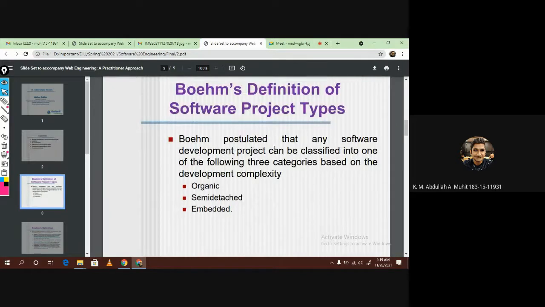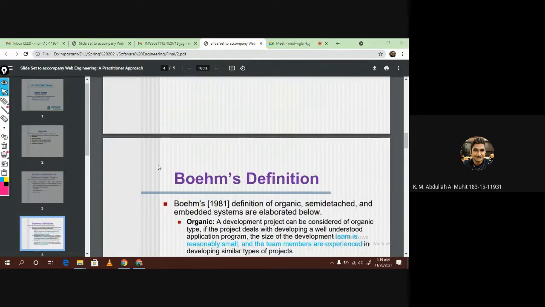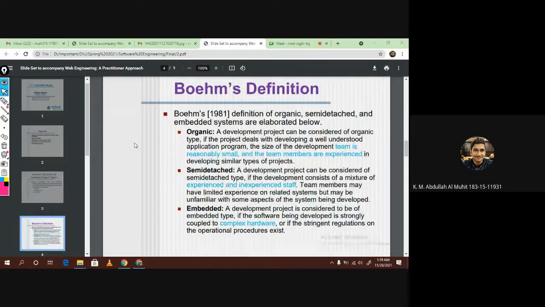Boehm postulated that any software development project can be classified into three categories, which are organic, semi-detached, and embedded. In organic, the team members are very few in number and all the members are experienced.